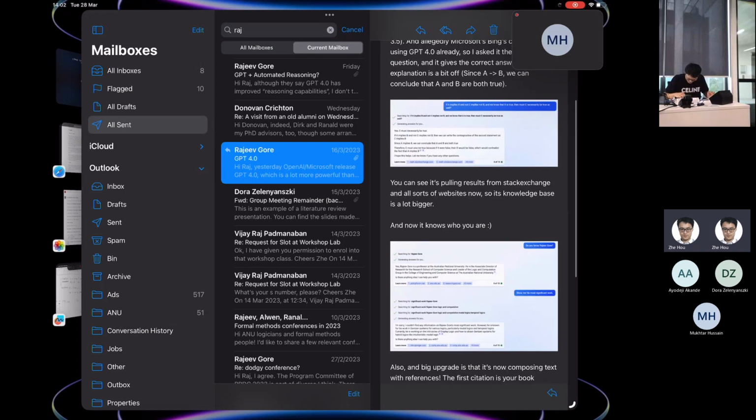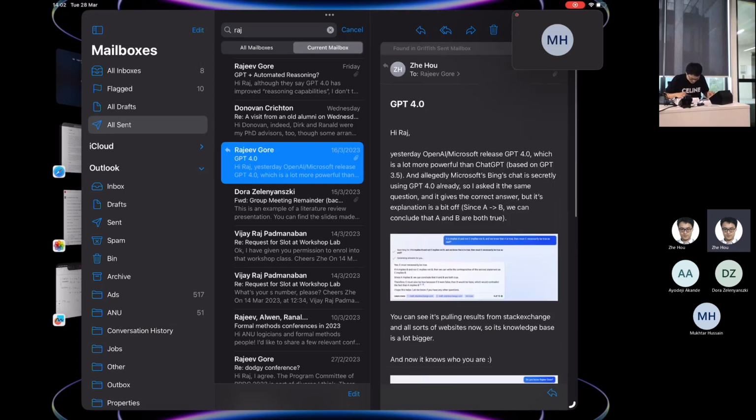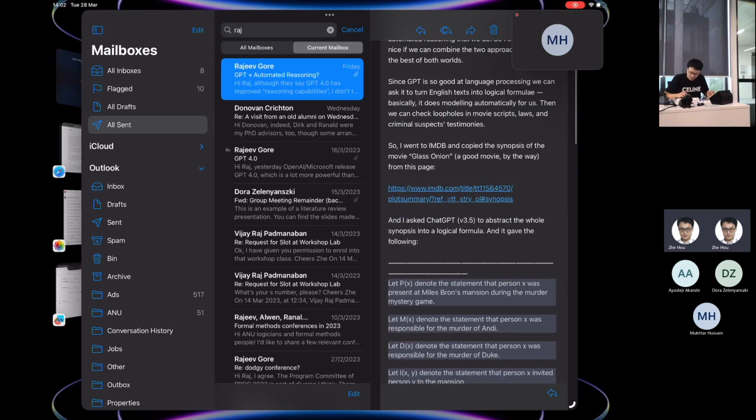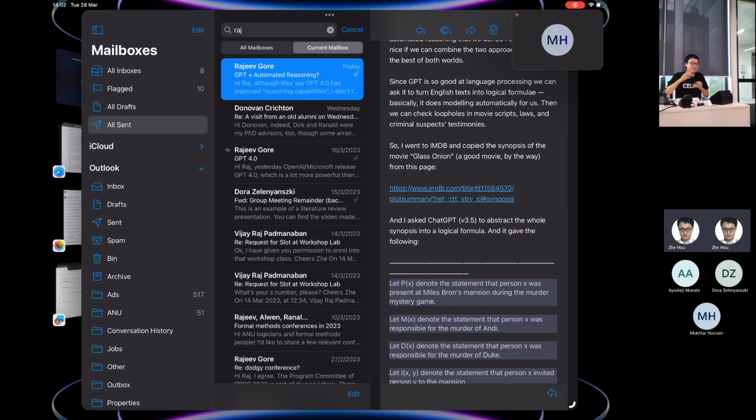I said, what we asked GPT to do is to process English language into symbols.